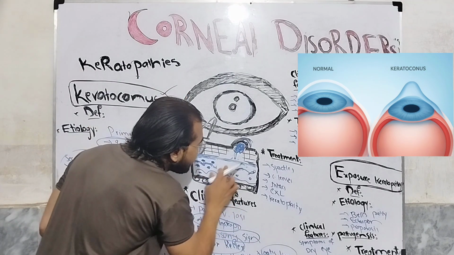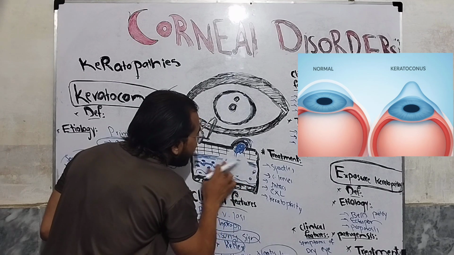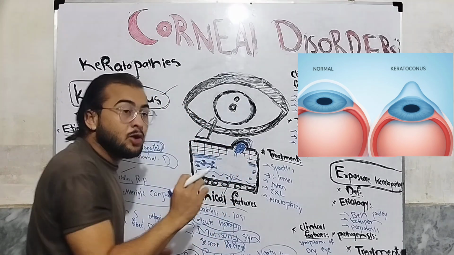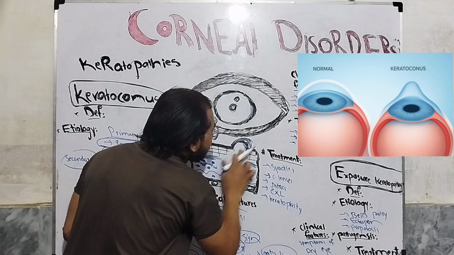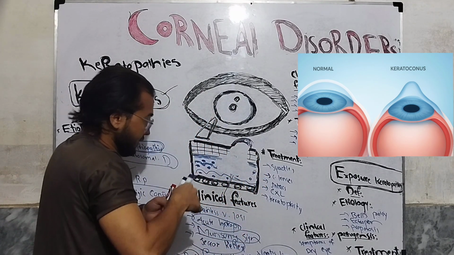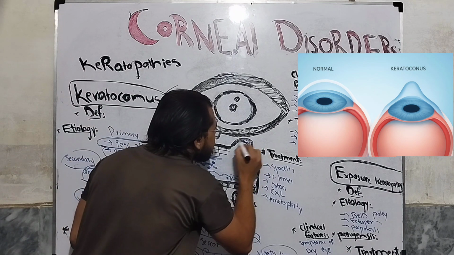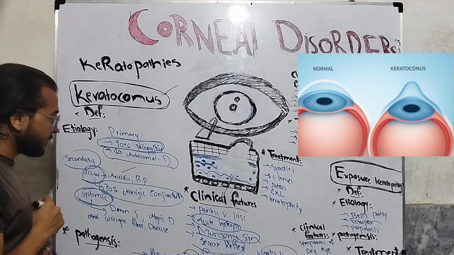When these collagen fibers disintegrate and degenerate, what will happen? We are left with a thin cornea, which bulges out to the outside. This is called keratoconus. So this is the pathogenesis.